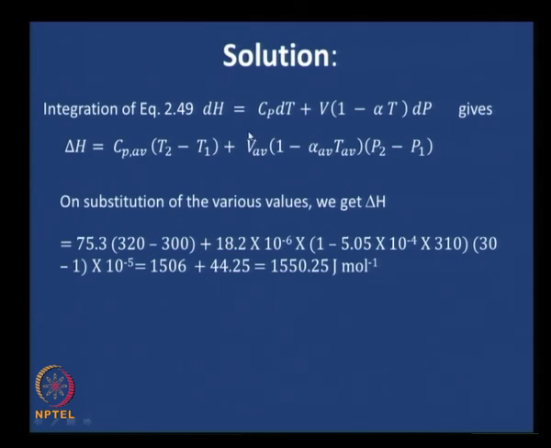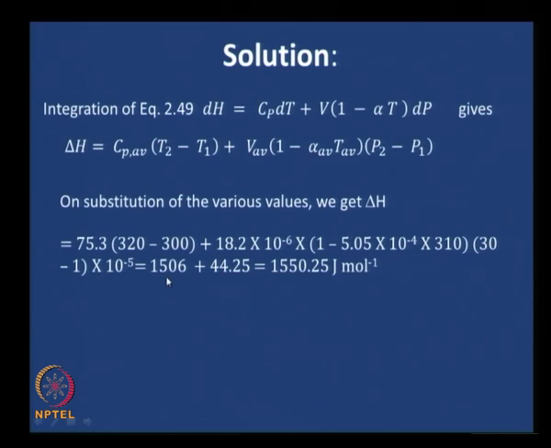And the molar volume, the average value was given 18.2 into 10 power minus 6, alpha average was given 5.05 into 10 power minus 4, here it is 1 minus that into the average temperature of 320 and 300, which is 310, and the pressures in the consistent units were 30 and 1.